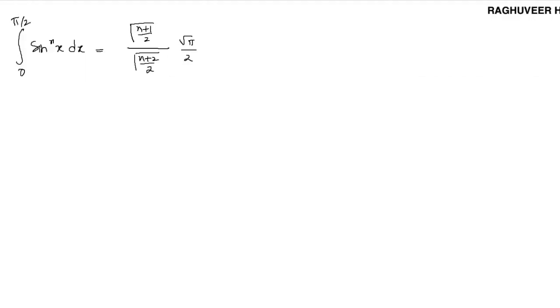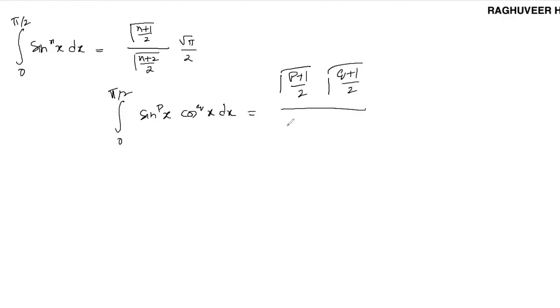So let us prove this. Okay, so we know that integral 0 to pi by 2 sine px cos qx dx is equal to gamma p plus 1 by 2 gamma q plus 1 by 2 divided by 2 gamma p plus q plus 2 divided by 2.